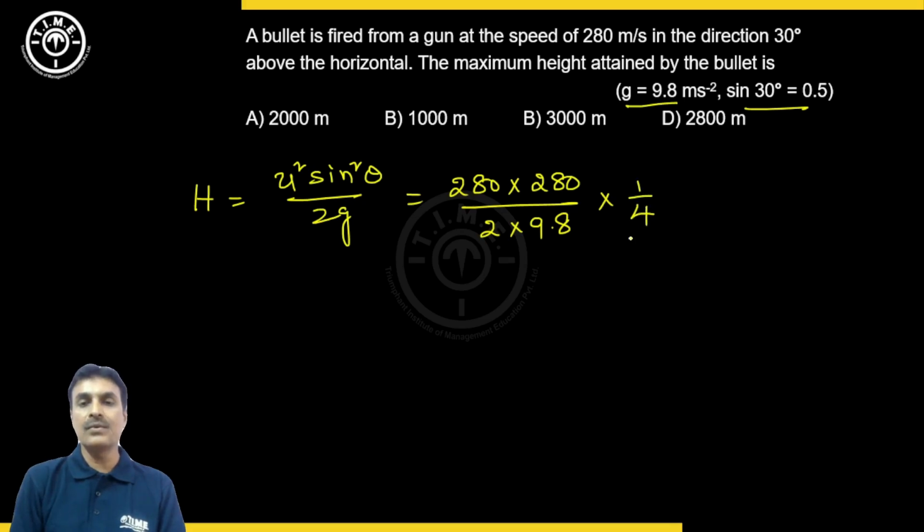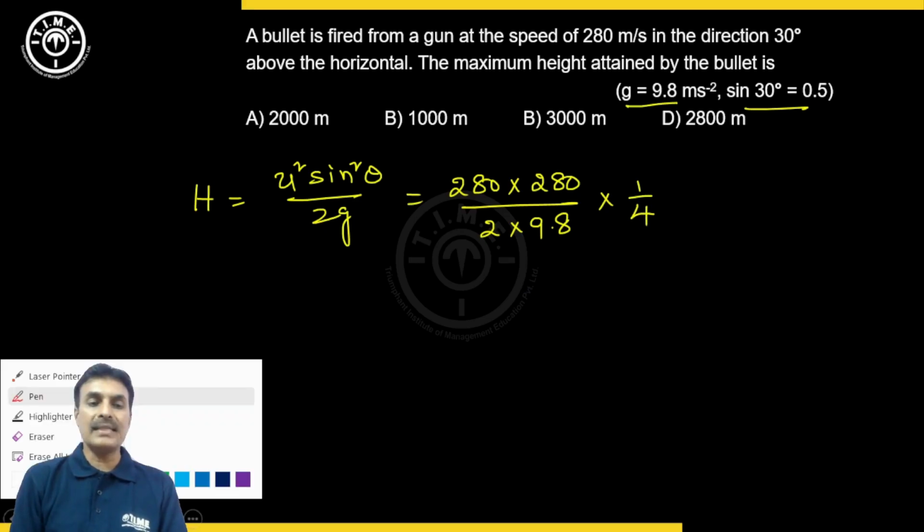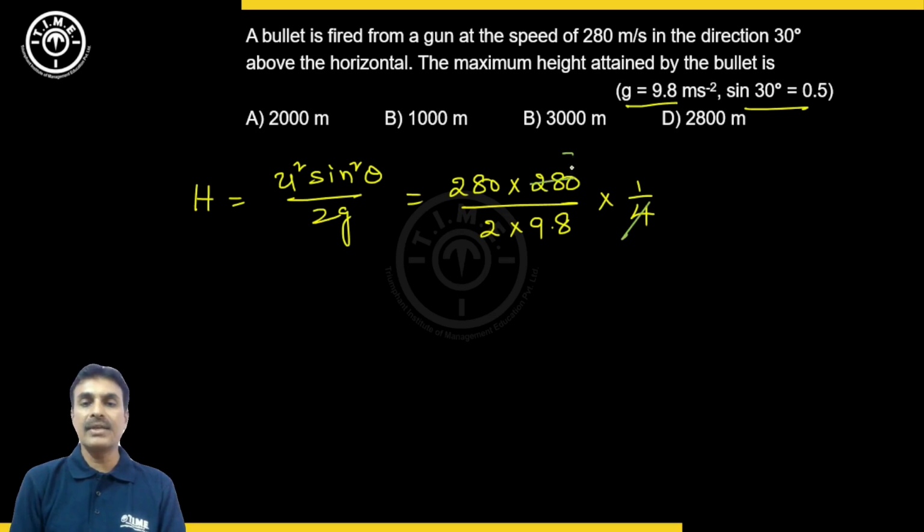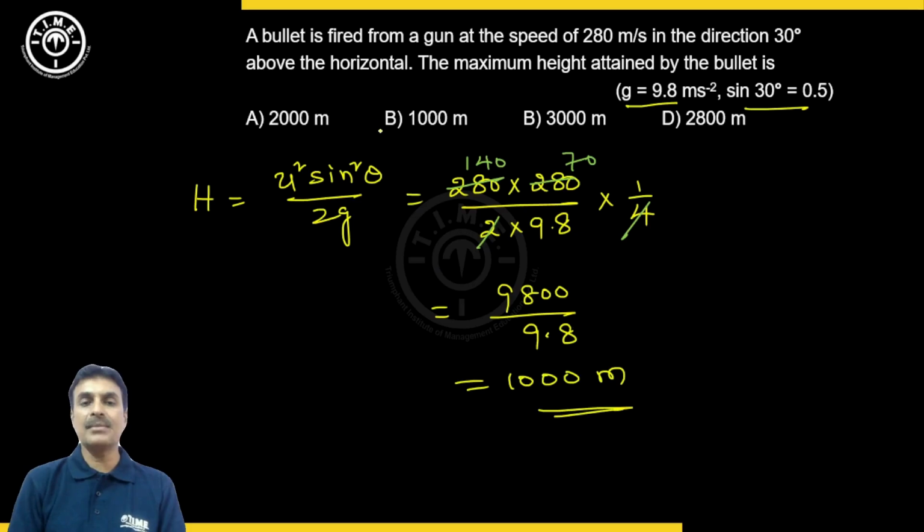Sin squared 30 is 1 by 4. Now, this 4 cancels 280 70 times. This 2 cancels 280 140 times. Now, what is 140 into 70? That is 9800 by 9.8. Nothing but 1000 meter. So the maximum height reached by the bullet is 1000 meter, or sometimes it may be given in kilometer. Then you will have to mark it as 1 kilometer, right?